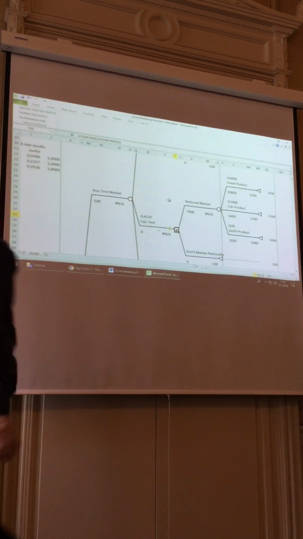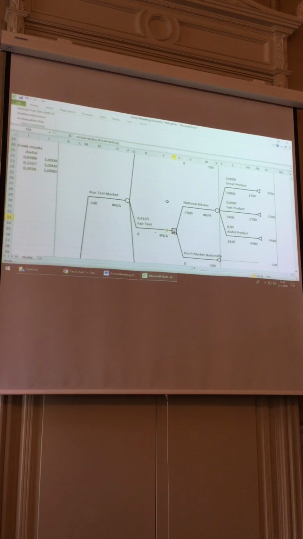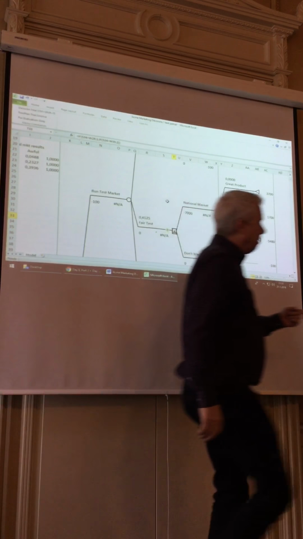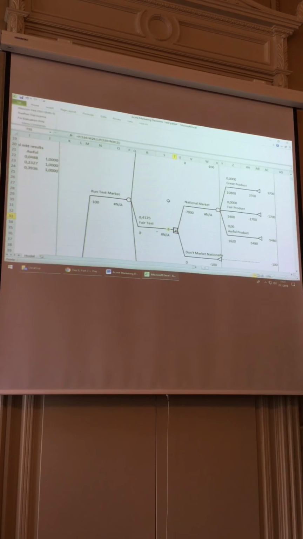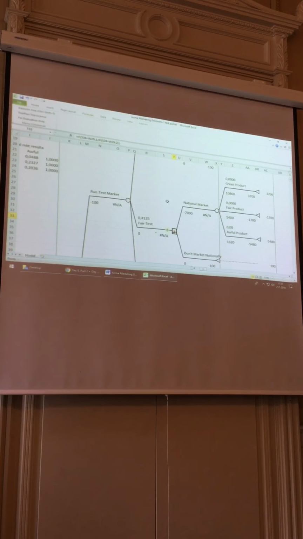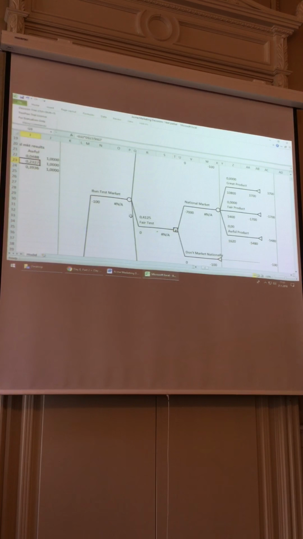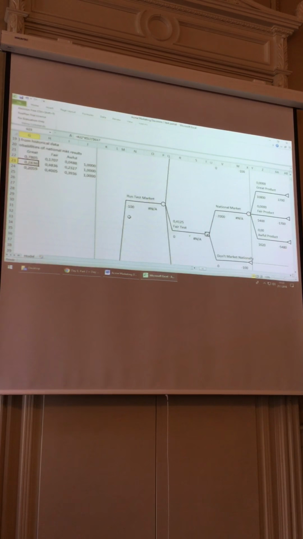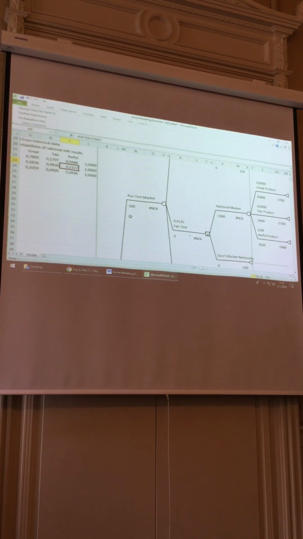Since the probabilities don't sum to 1 right now, I need to put in these probabilities there: 28, 48, and whatever that last one is, 22 or 24. They're right here in cells G23 through I23. So the first one is G23, the next one is H23, and the next one is I23.